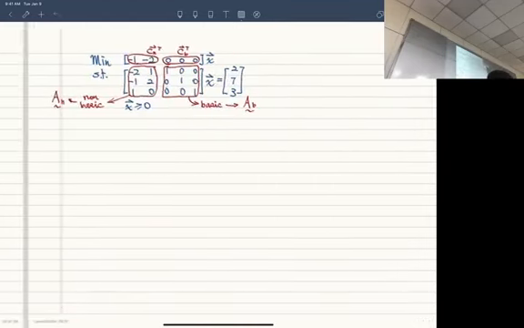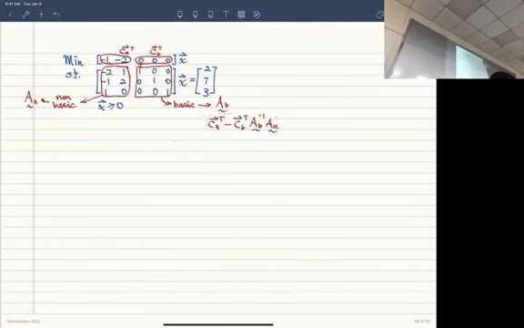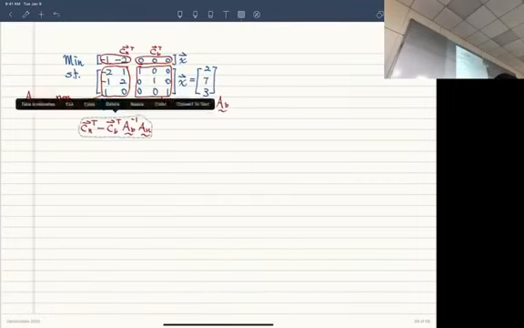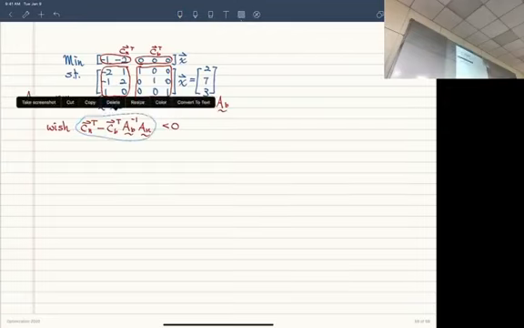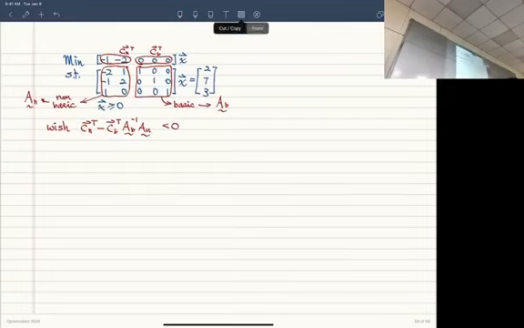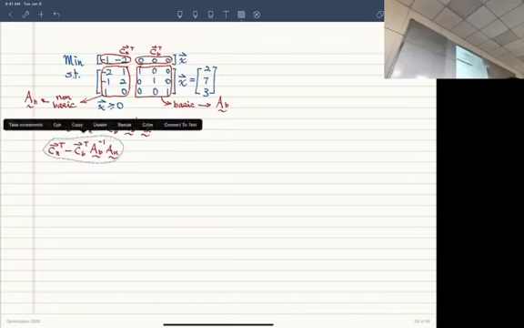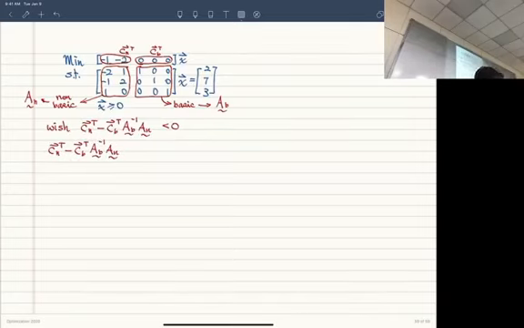We want this to be negative, right? So let's try to calculate this in this current selection of basic and non-basic.